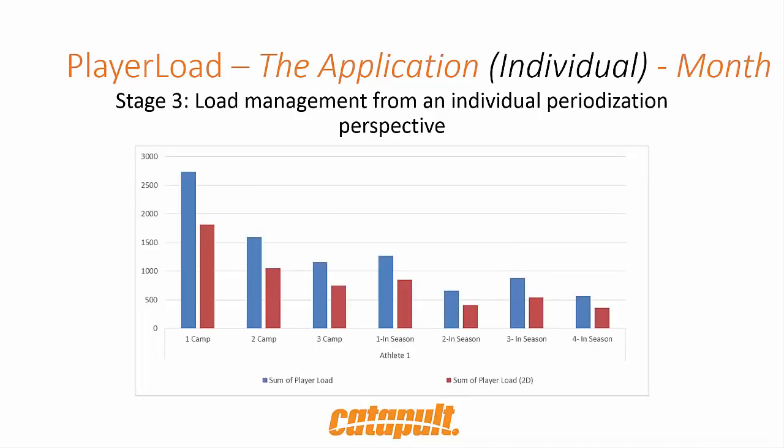This is showing you the week overview of just totaling the player load. So we're able to see the first week of camp, second, third, first in season, and so on. We can see that in the first week of camp, they were working pretty hard. In the second week of camp, it was approaching double the workload.